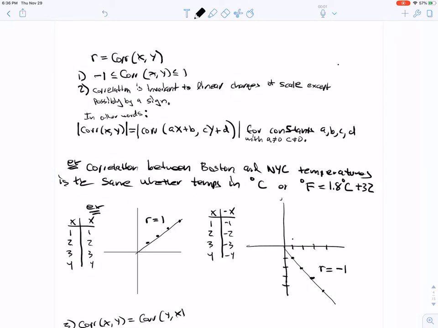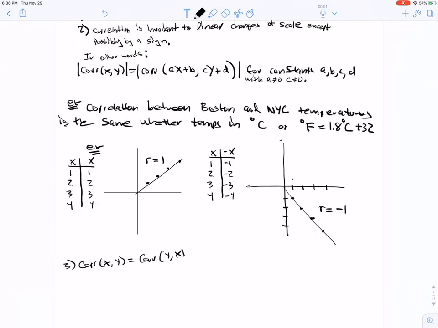So in other words, the absolute value of the correlation of X, Y is equal to the absolute value of the correlation of some change of scale of X and some change of scale of Y. That makes sense because, for example, if you're looking at the correlation between Boston and New York City temperatures, it shouldn't matter whether temperatures are recorded in Celsius or Fahrenheit, because those are linear changes of scale.